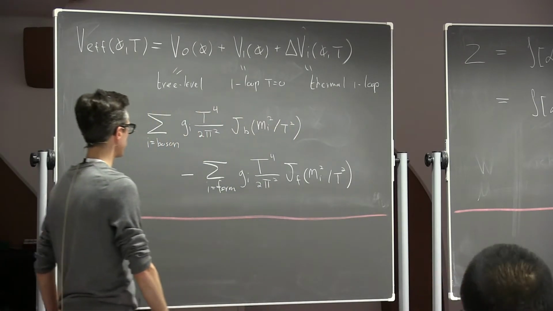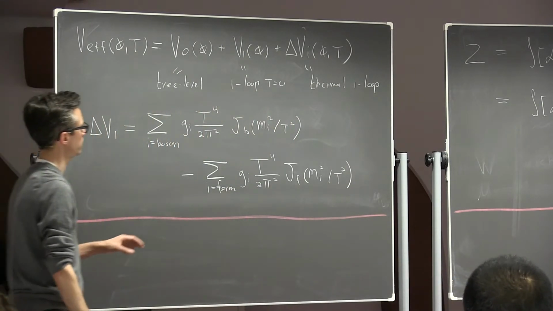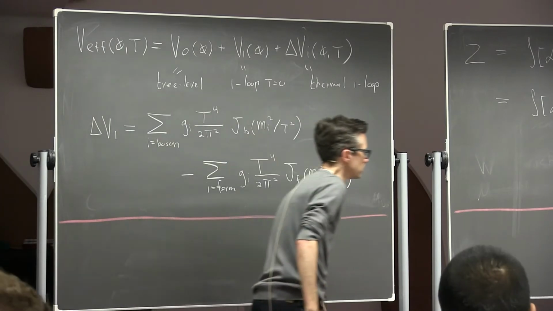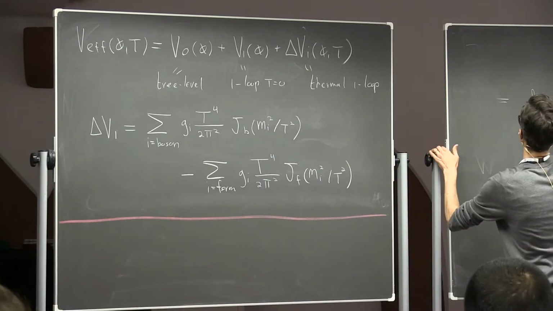The contributions from bosons and fermions are related to these so-called thermal loop functions that have the following forms.